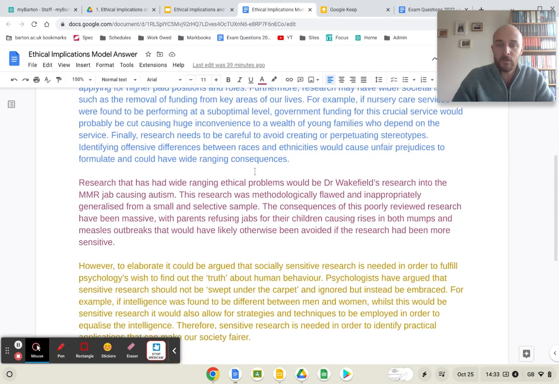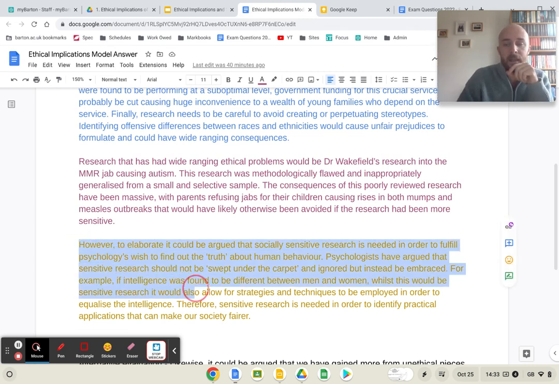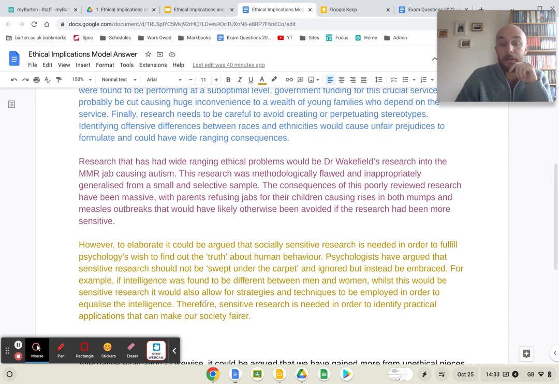You've got an AO2 just there, and I've actually used the Dr. Wakefield example with MMR causing autism. That was an incredibly socially sensitive piece of research. It was awful. It was more biology than psychology, but it was truly an awful piece of research. By the way, that has had way more cost than benefit. So that piece of research should never have been done in the first place. But then I've also got a very good PEEL there as well, which I think is probably worth reading.